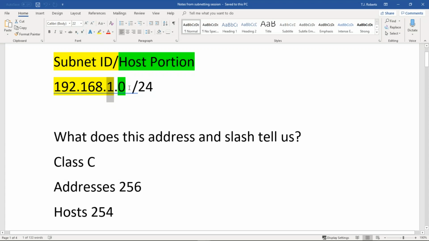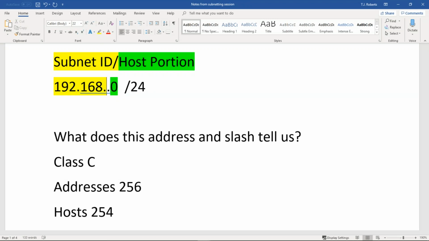The only thing that's variable is the fourth octet. So this should give you some indicators. They ask you a question about something in this subnet, and you look down in the answers and you see something that looks like this or something else, you can automatically throw those out because you know this shouldn't be changing in the /24. Just a little FYI.